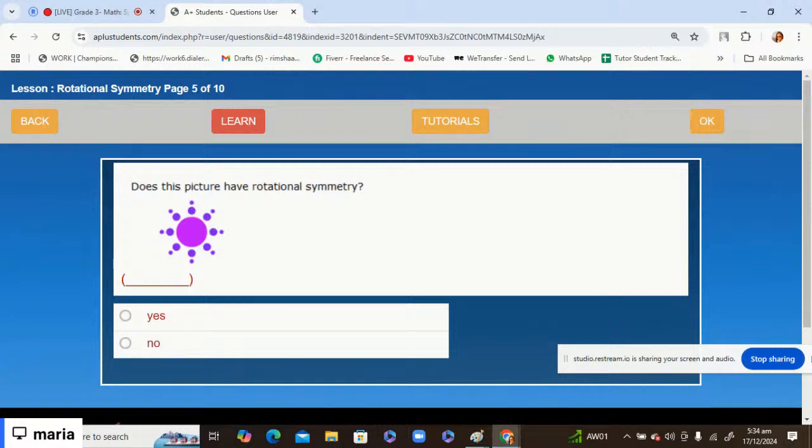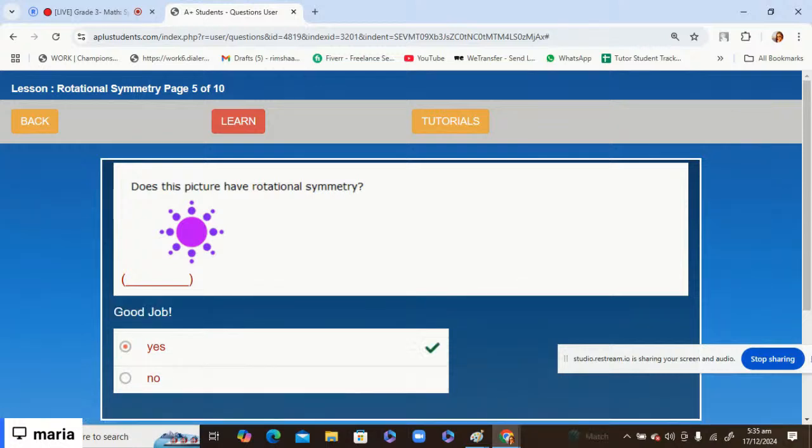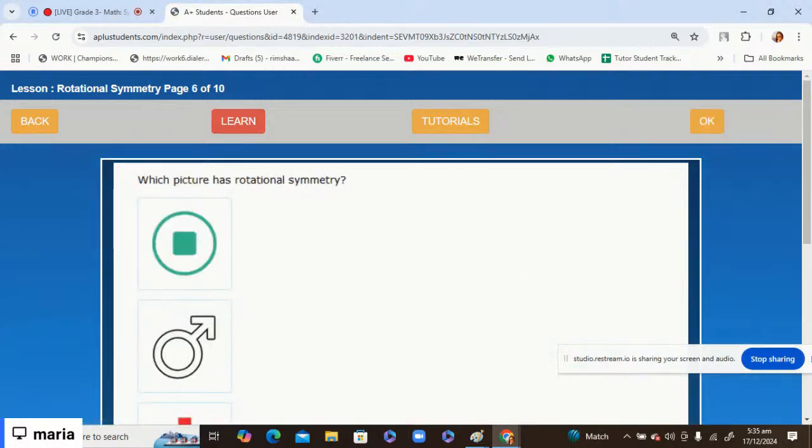Okay. So now check. Does this picture have a rotational symmetry? Yes, it says. We already know this one. So which picture has a rotational symmetry?